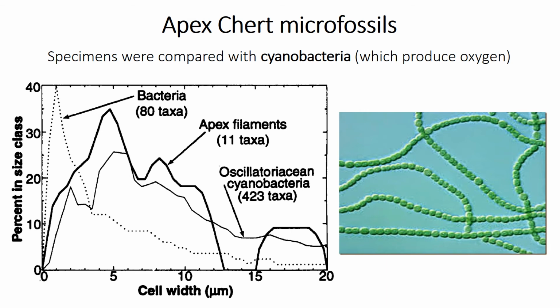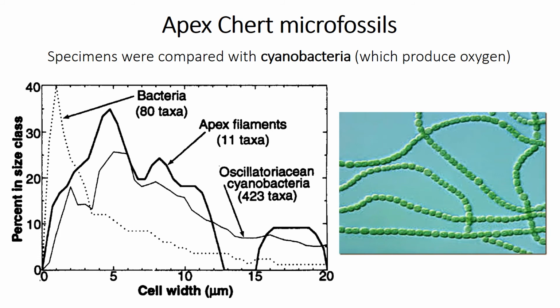But living cyanobacteria, or particular types of them at least, tend to have larger sizes and also a wider range of sizes. That's the broad peak in the thin line from about 3 to 12 micrometers. The 11 species of the Apex Chert filaments have a similar range of sizes, and that was the basis for the argument that they are cyanobacteria.